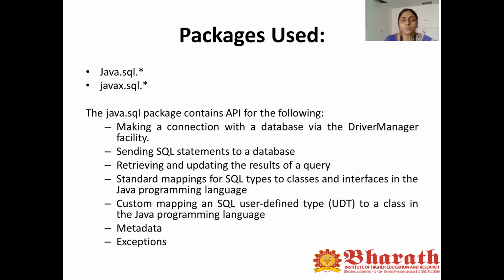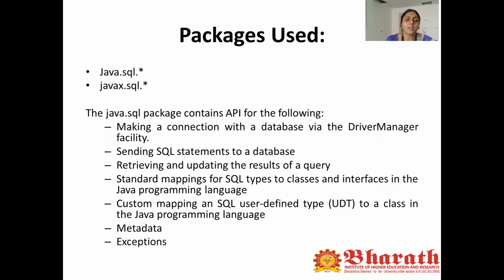And the packages we are using here in JDBC are java.sql and javax.sql. The java.sql package contains the API for the following. Making a connection with the database via the driver manager facility. Using the statement object to send SQL statements to the database.